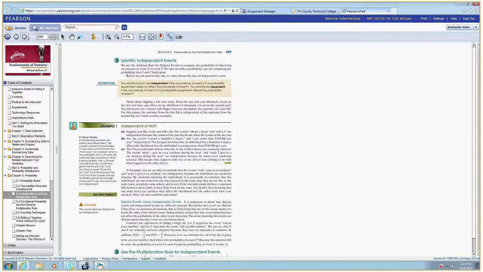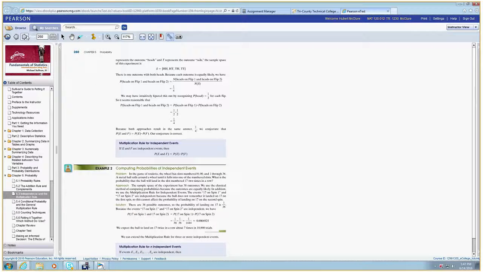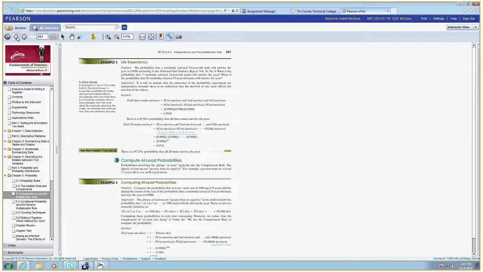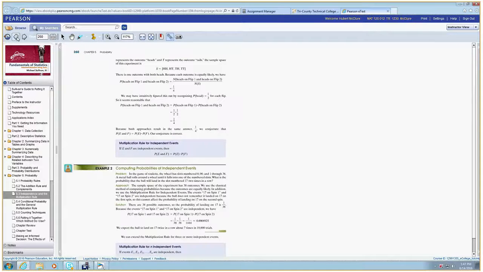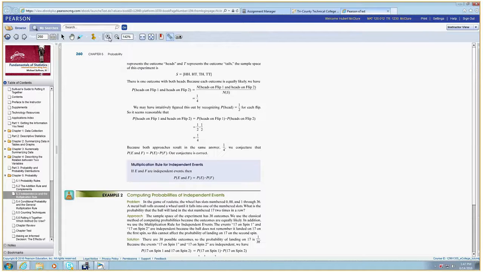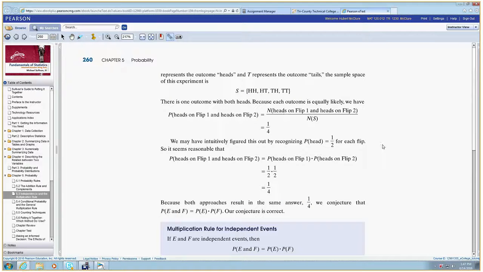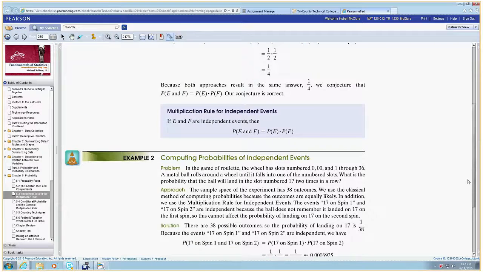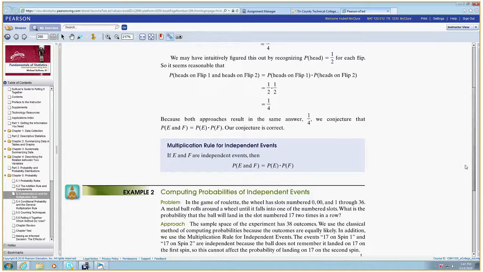A couple. All right, here's an example of a problem. Let me pull it up where you can see it. Okay, it's at the bottom down there. Let me blow it up a little bit more.